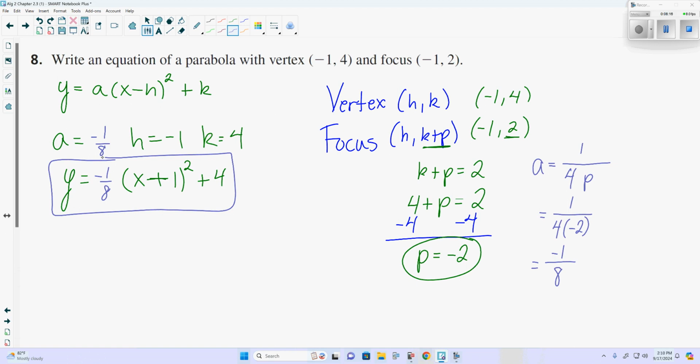That's it. Because once we find a, h, and k, we plug it in their spots, simplify where needed, and we're done. Questions on this here? Be ready for the next one.